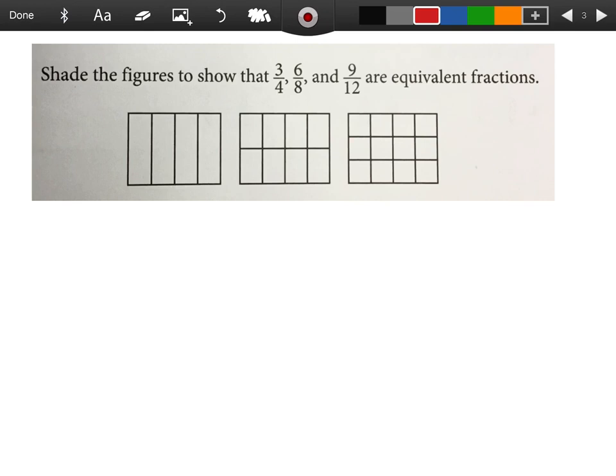All right, first thing I want to do, I want to do an experiment. I want to shade each figure separately. Okay, so I've got 3/4 on this first one. So there's 1, 2, 3. Okay. The second one, so that one's good. Second one is 6 out of 8. So there's 1, 2, 3, 4, 5, and 6.